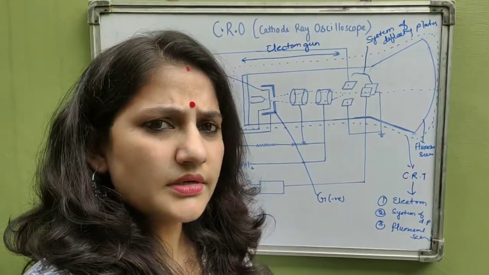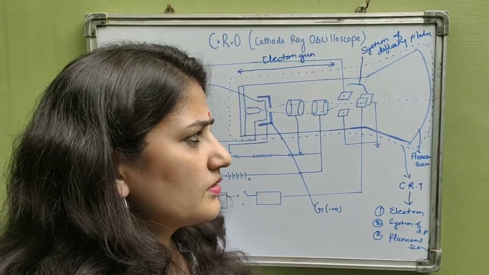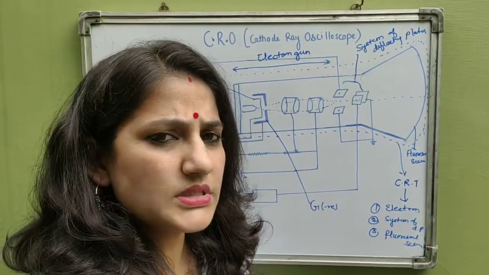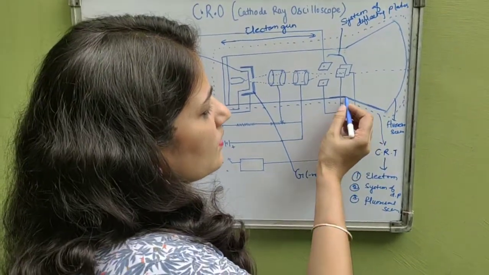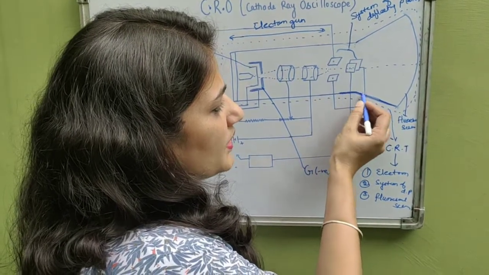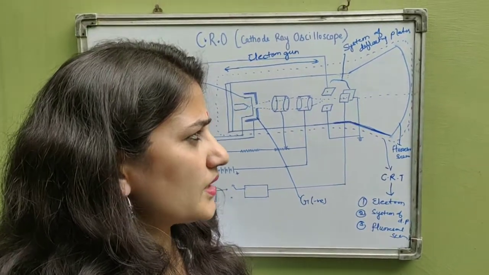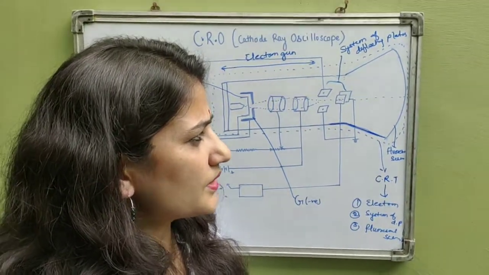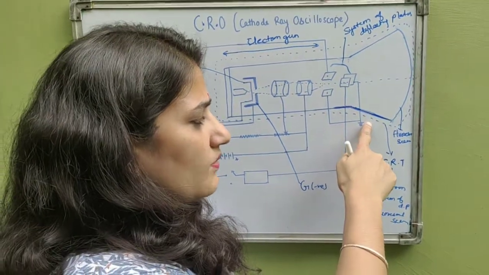Where do these secondary electrons go? Because if they appear in the form of light, they will obviously disturb the function of the CRO. So there is a coating on this side of the CRT, a coating of a graphite layer. If secondary electrons are ejected along with the cathode rays, these secondary electrons will be absorbed by this aquadag coating.